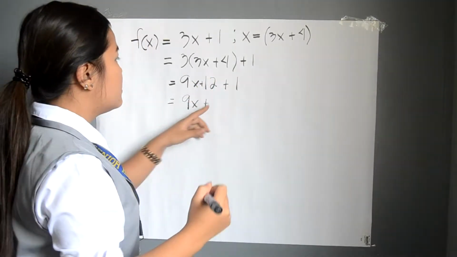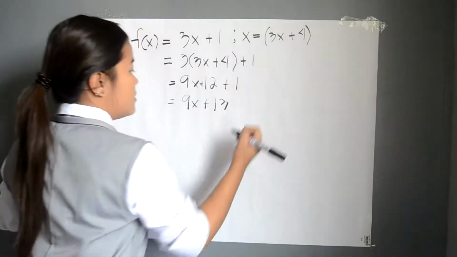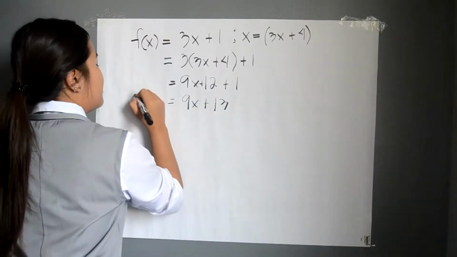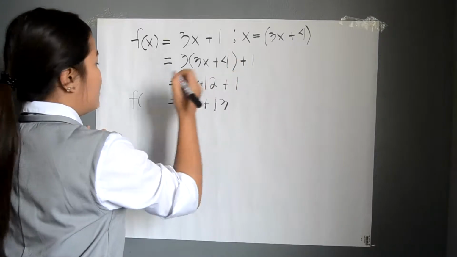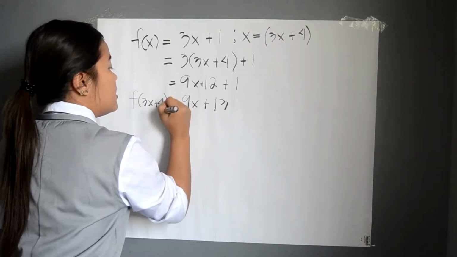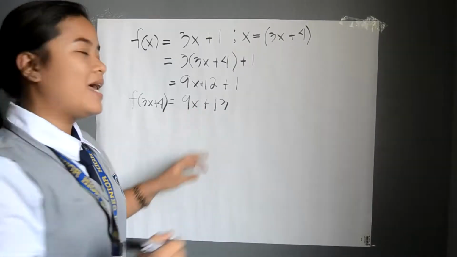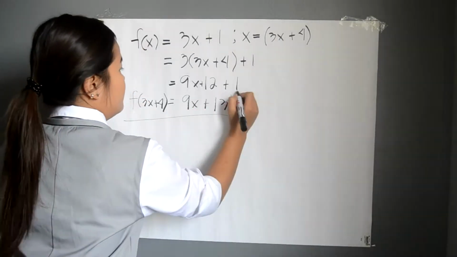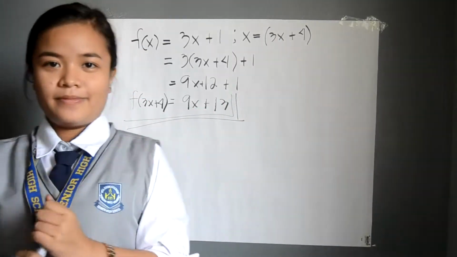So we have an answer: f of 3x plus 4 is equal to 9x plus 13. This is an example of evaluating functions.